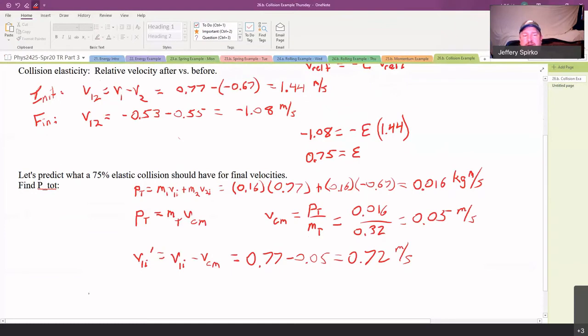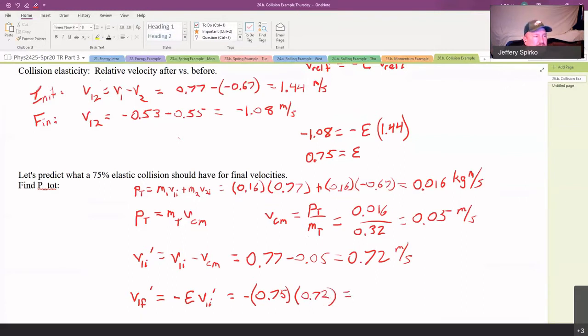Now we can figure out what happens to v1 after the collision. v1 final prime is minus elasticity times v1 initial prime. In the perfectly elastic collision, all we have to do is put a minus sign on this number. But in the 75% elastic collision, we have to put in the minus sign and the 75%, and then the 0.72.